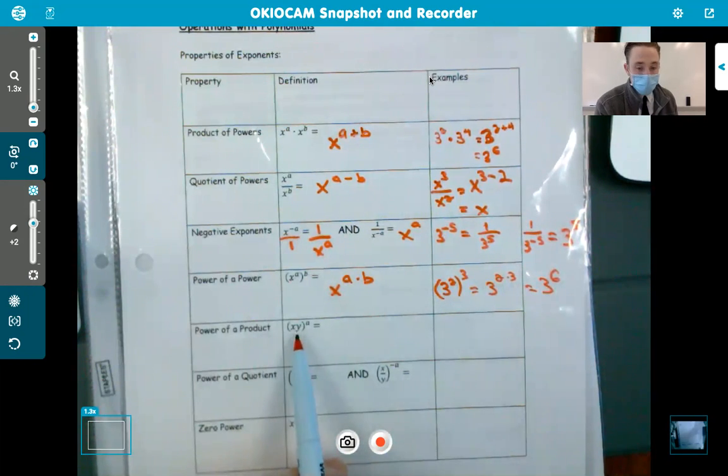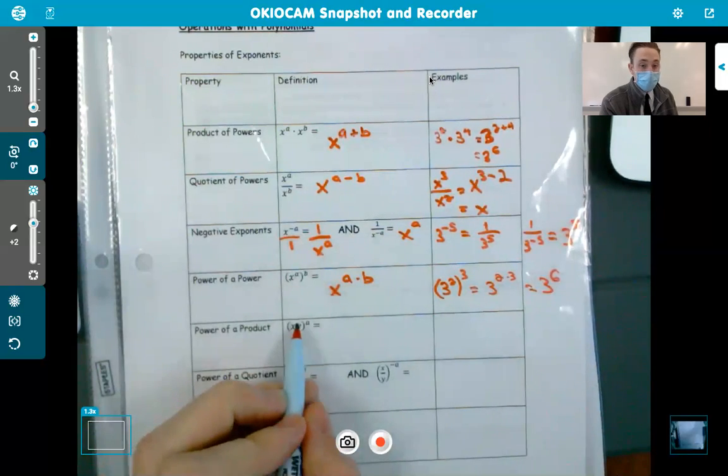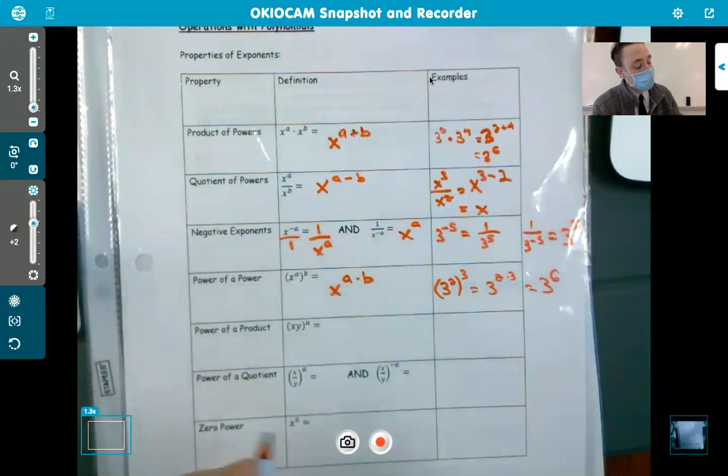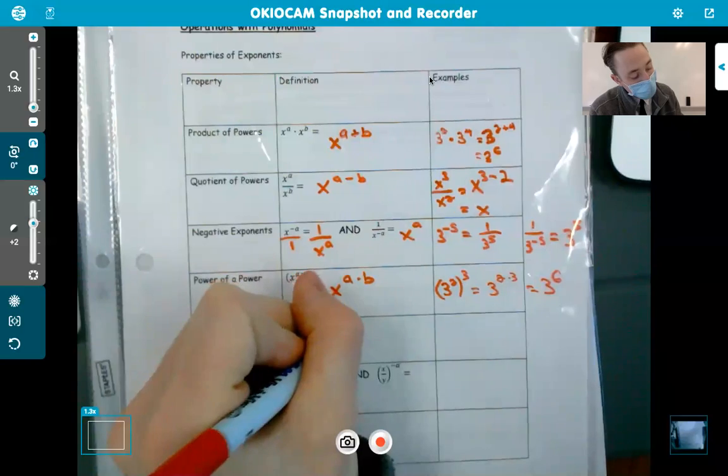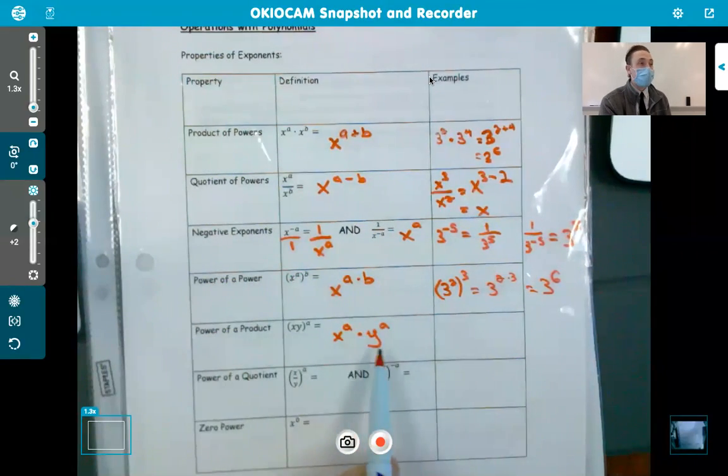If you have a product of 2 variables and then that whole quantity is raised to one number, you could do the product first and then raise it to that power, or you can do the power of each and then find the product.